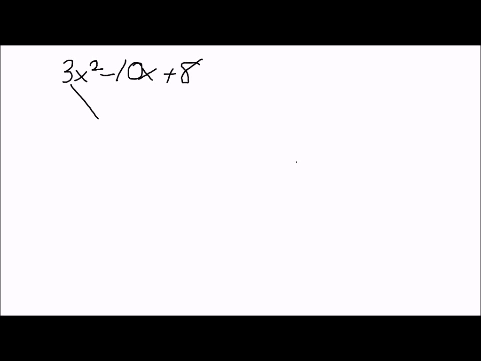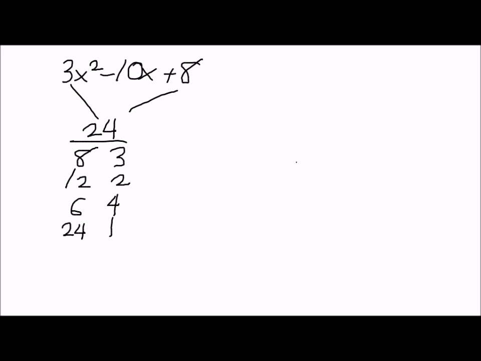Okay, factors of A times C, 24. Factors of 24, 8 times 3, 12 times 2, 6 times 4, 24 times 1. We could go on forever, but let's see if we could find two of these factors that add up to negative 10.